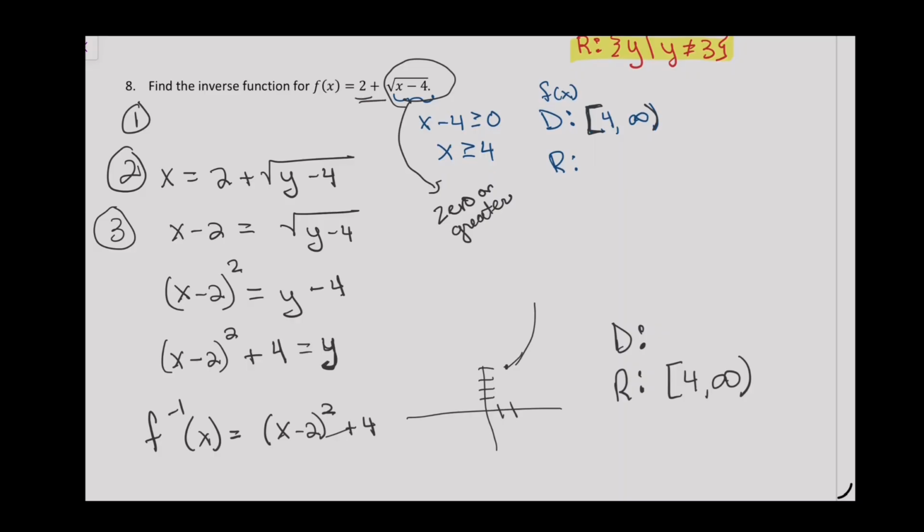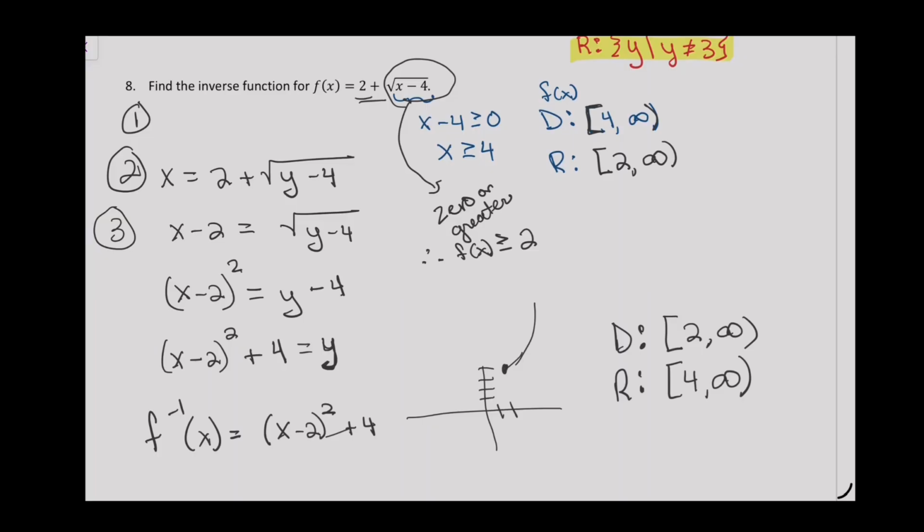It is going to be 2 or larger. So the range is anything 2 or larger. Well, that means that the domain then is 2 or larger for the inverse.